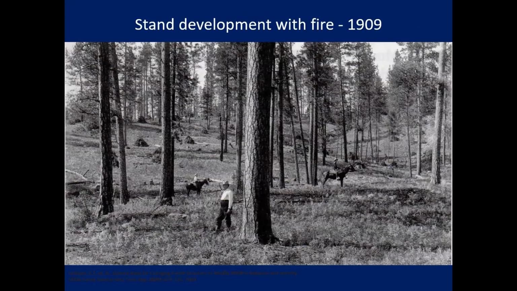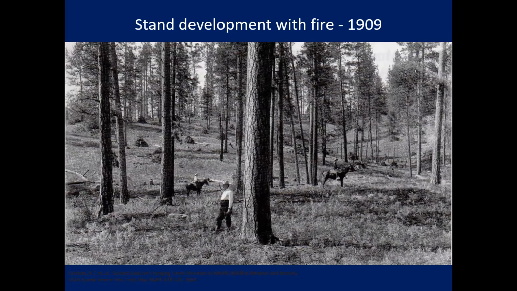I'm sure a lot of you have seen this next series of slides, but here's a stand in the early 1900s where some harvesting took place. You can see the stumps in there. You can see some piling going on. They used a little bit of fire in there.